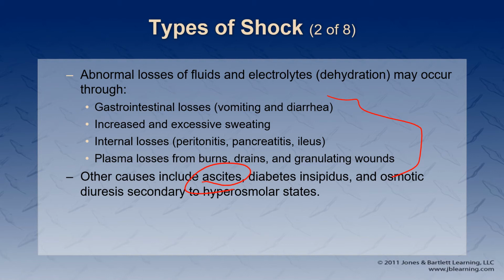And then you can straight up lose plasma from burns and external wounds, right? If you guys have ever gotten a road rash or a bad burn, that top layer of skin is responsible for keeping all that interstitial fluid in the body where it can get reabsorbed by the vasculature. We talked about that microvascular circulation back in the physiology lecture. But if you lose that top layer of skin, that fluid is just free to leave the body and will run off.